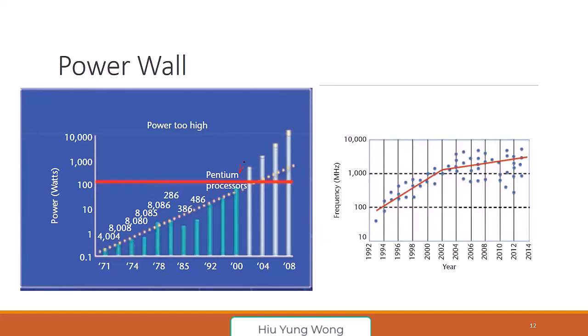And then they said a few years later, I don't know at which point, it will reach the rocket nozzle temperature. And eventually it will be the sun's surface temperature. If you keep scaling in this way, there's no way we can do that, right?